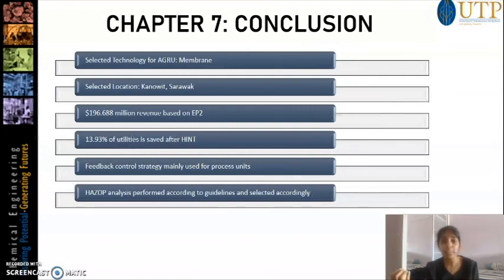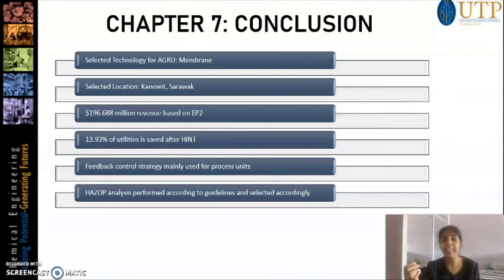The plant's economical feasibility study was carried out by performing economical calculation, considering the raw material solvent triethylene glycol, which is used, and the utilities for plant operation, and a revenue of $196.688 million per year has been roughly estimated.